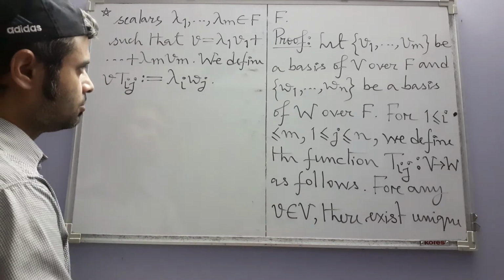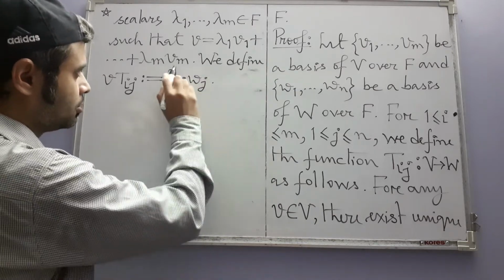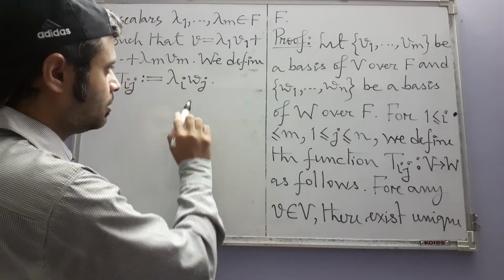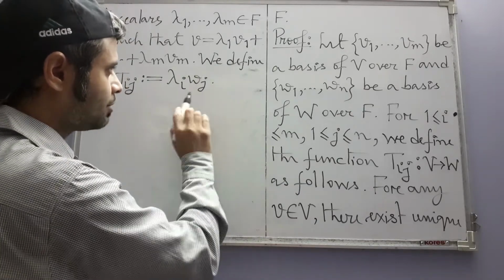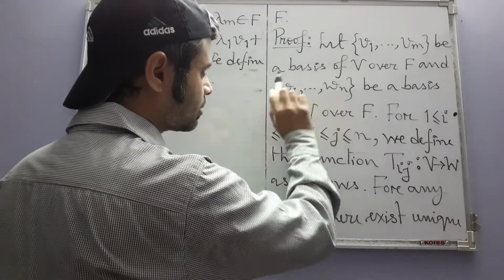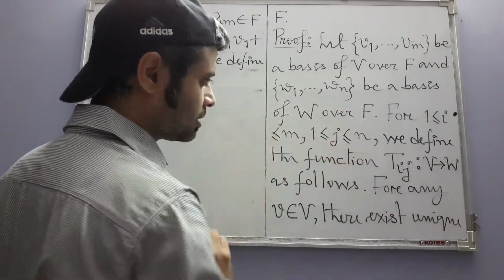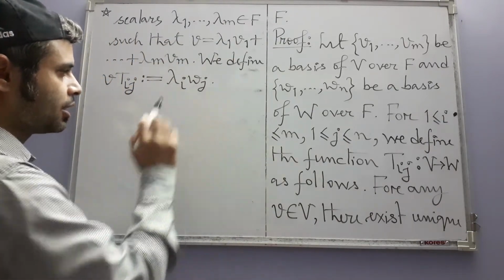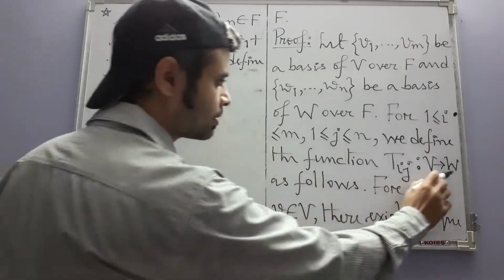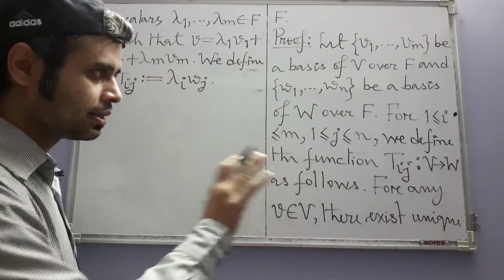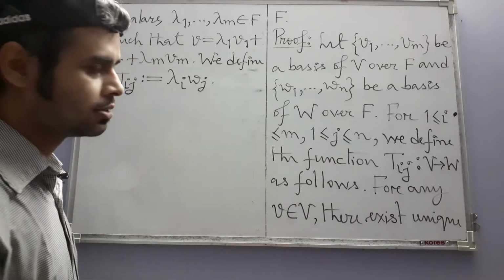So, looking at this output, lambda i wj, we immediately notice one thing, that because wj, whatever j is, is after all a vector in the second space W, this scalar multiple of wj, lambda i wj, is of course again a vector in W. So our output actually lies in W, in that space.